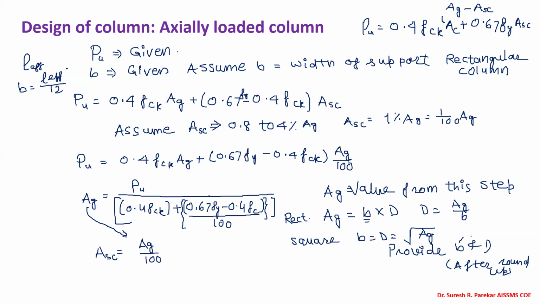Do not take B into D. Here we have to take Ag required. Then provide the number of bars. We have minimum 4 for rectangular and 6 for circular.